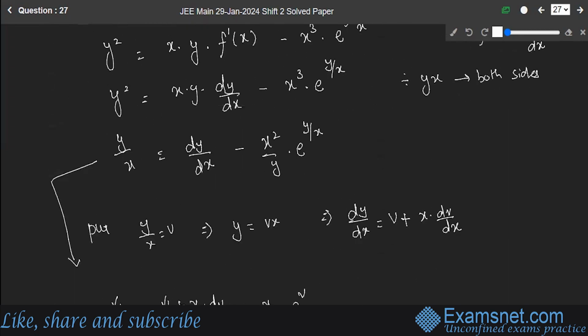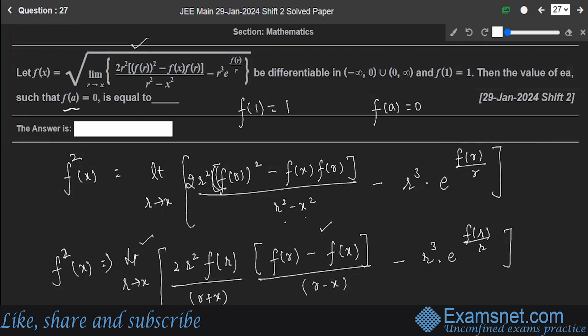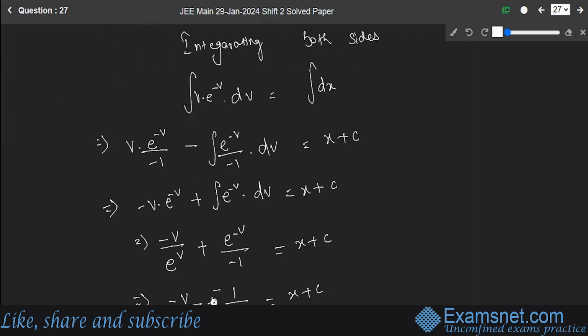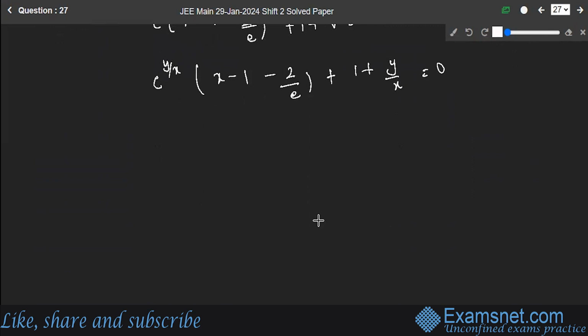You're also given that f of a is equal to 0. That means y is equal to 0 when x is equal to a.